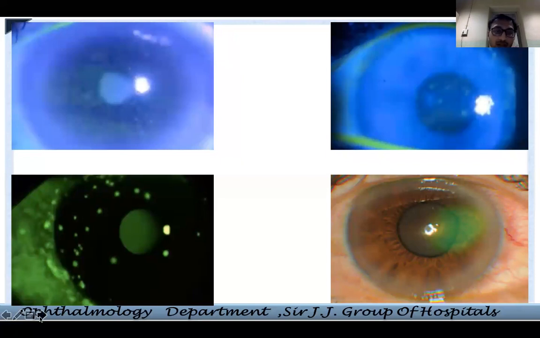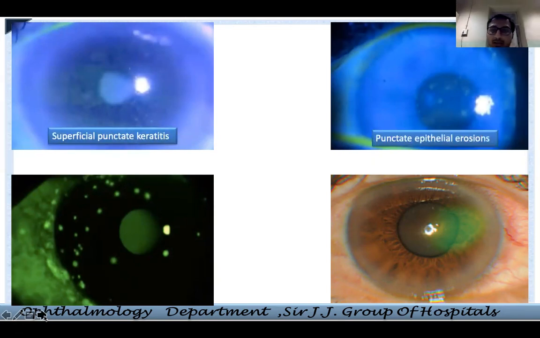The very first I am showing you, there are very small dots like pinheads that you see. They are away from each other, separated with a clear zone. Then you see in the second picture that these dots or pinheads are a little larger compared to the first one. What are these basically? The first one is superficial punctate keratitis and the second one is punctate epithelial erosions.